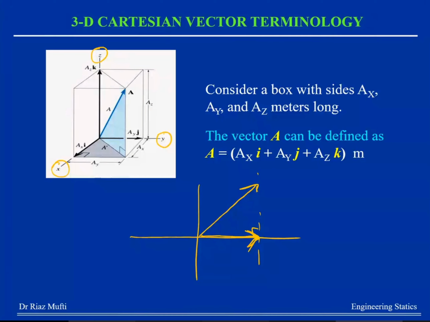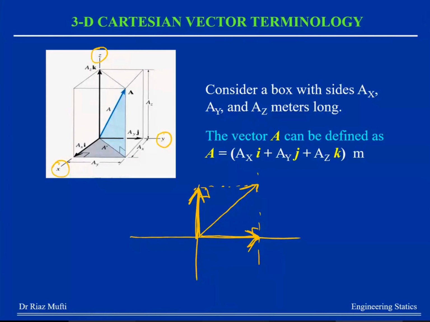I was making 90° with the axis. To get my y component, I was making a 90° here to get this component out. So I was making 90° with my axis to get the component out. Is that clear?